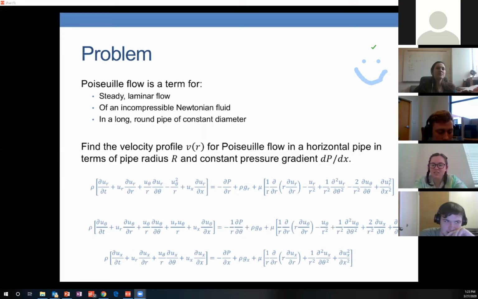Does anyone remember what sort of thing we could use? So the velocity profile would be like V of r. We have a pipe like this, and there's a radius here, and we find V of r, which usually looks something like that for laminar flow in a round pipe. What sort of thing could we use that velocity profile for?